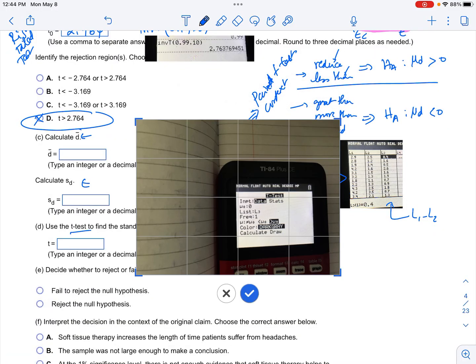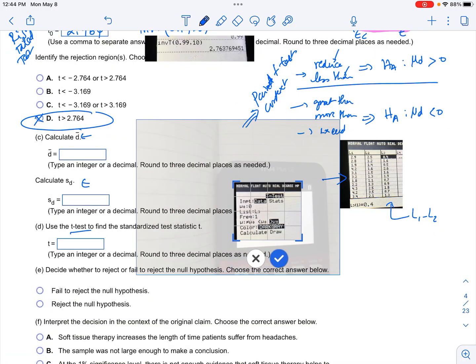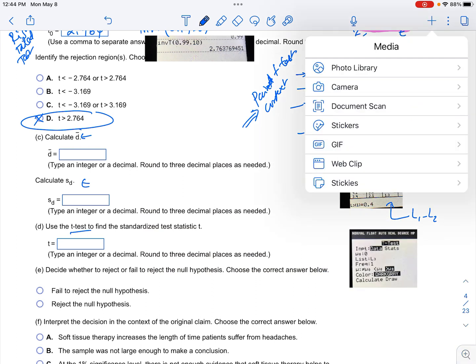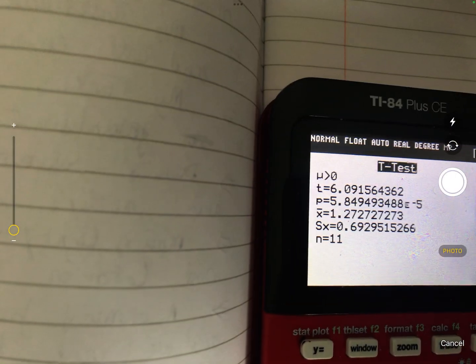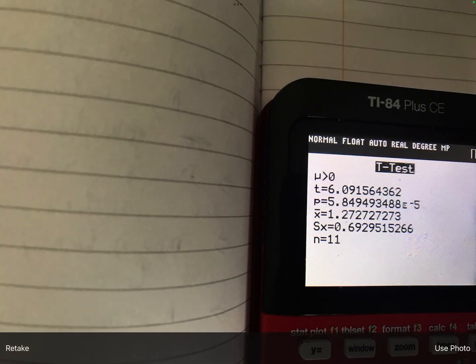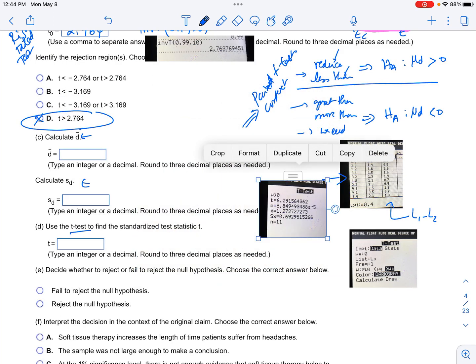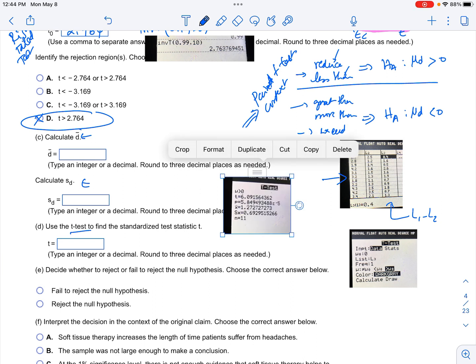And then you press calculate. Once you press calculate, it gives you a lot of information. It's going to give you, number one, your mean pair data, which is here, 1.27.